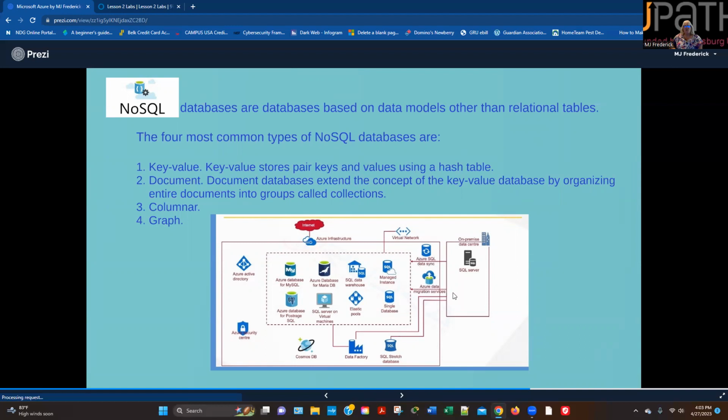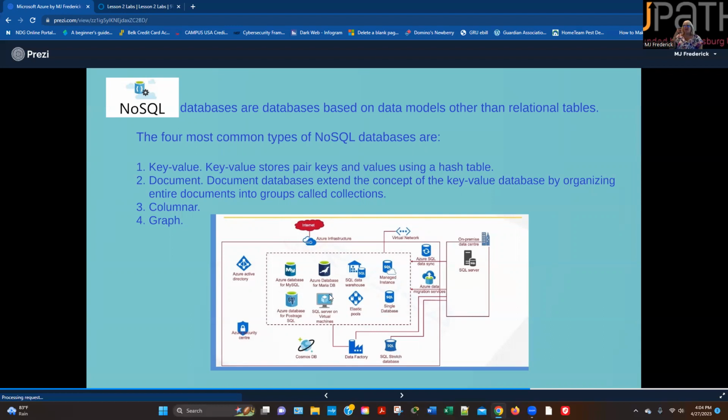And so what we do is we can go down, because if you're going to do these two, you get your managed, your warehouse, your open sources from MariaDB, MySQL, PostgreSQL, virtual machines, Elastic Pool, single. But if you go from your on-site premise to NoSQL, you can just go to NoSQL and to your data factory this way. And from the data factory, you can go into what would be considered SQL.